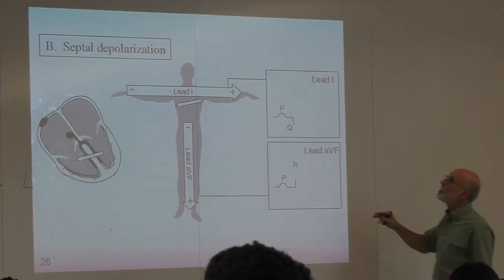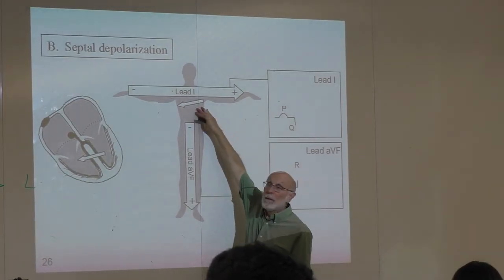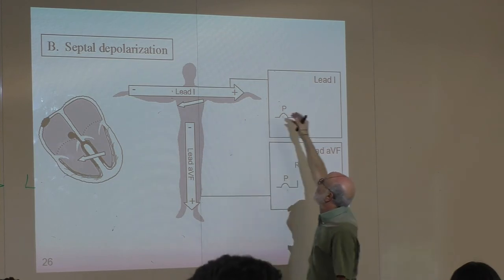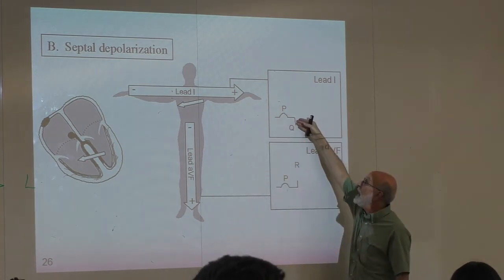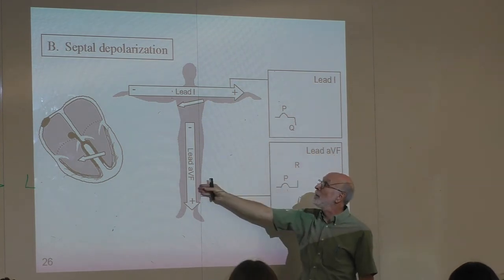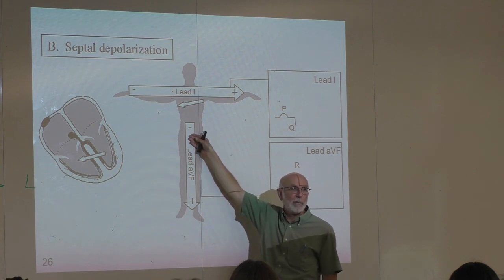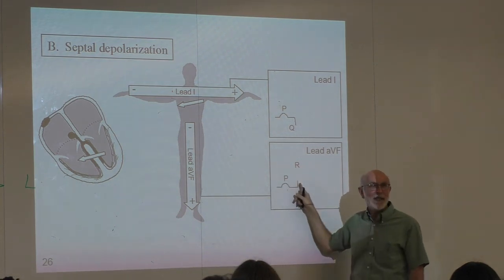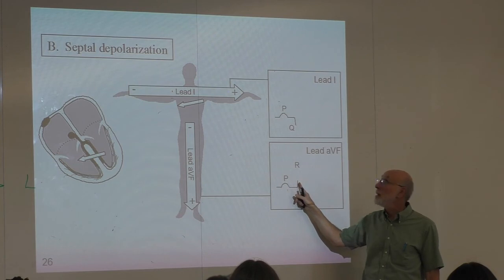The septal depolarization has a vector that gives a signal that is negative in lead 1 and not very positive, because it's almost perpendicular, but maybe a tiny little positive thingy in lead aVF.